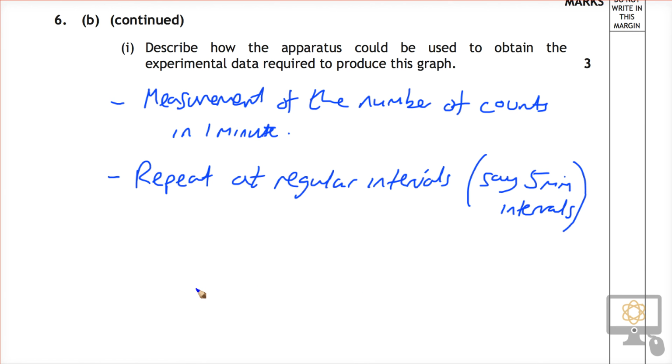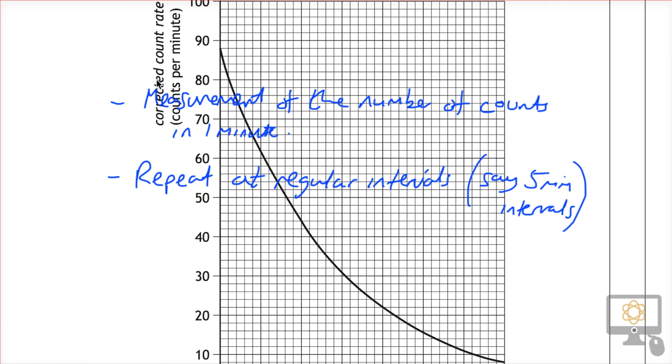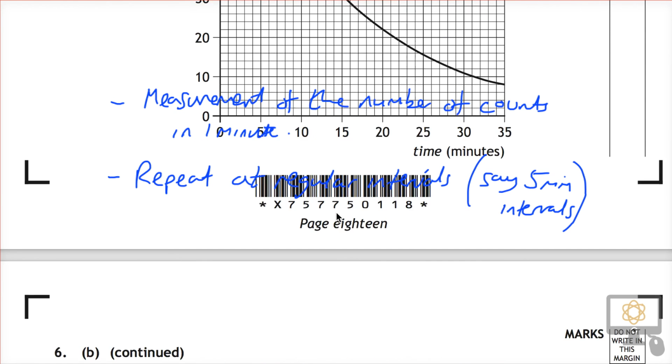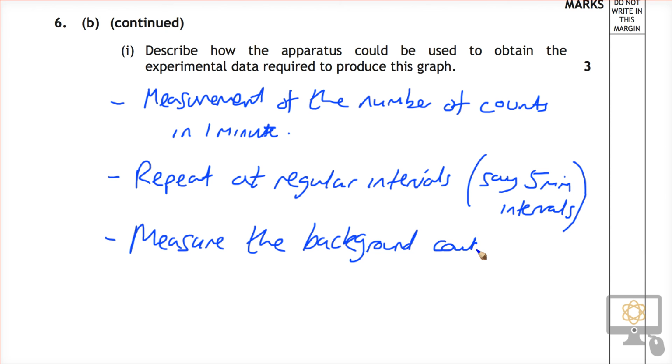Okay, and then finally, because this graph relates not to the counts per minute but to the corrected counts per minute, the corrected count rate, we need to measure the background count as well. So the final statement is to measure the background count and subtract it.